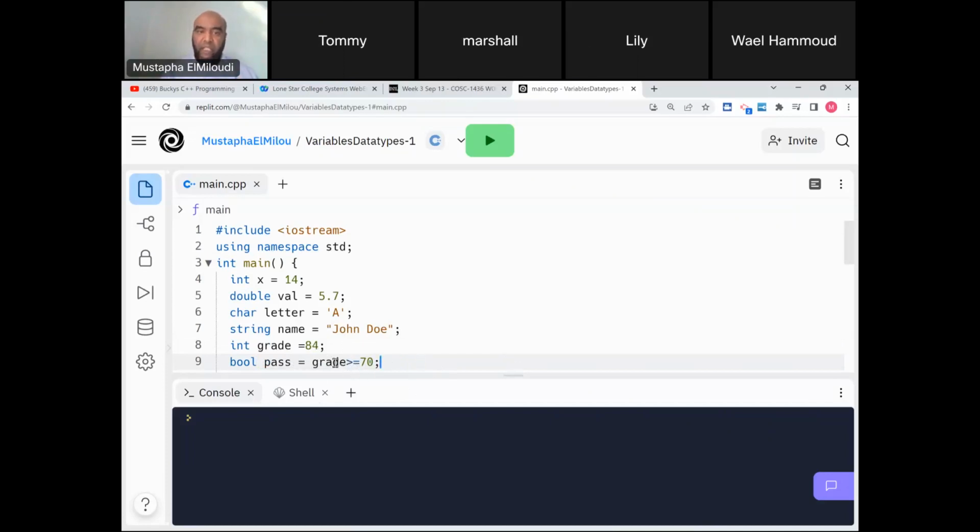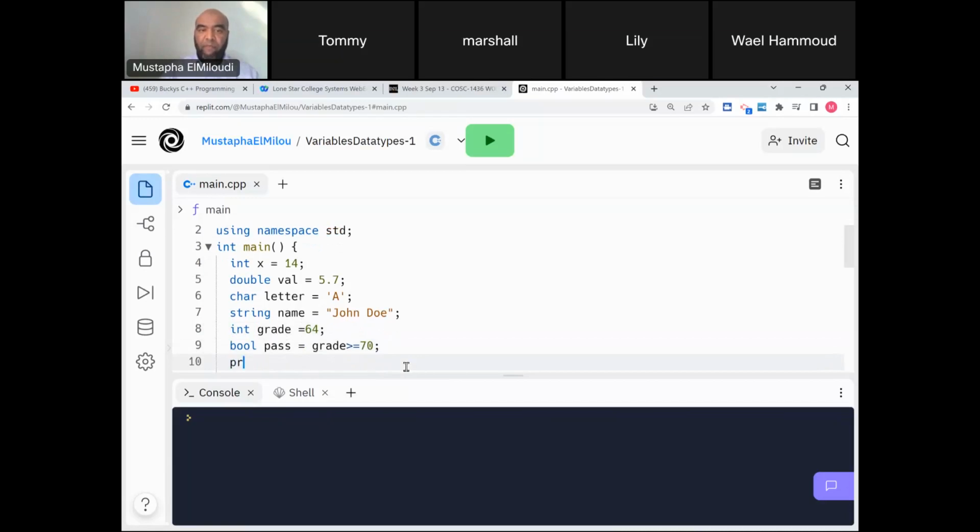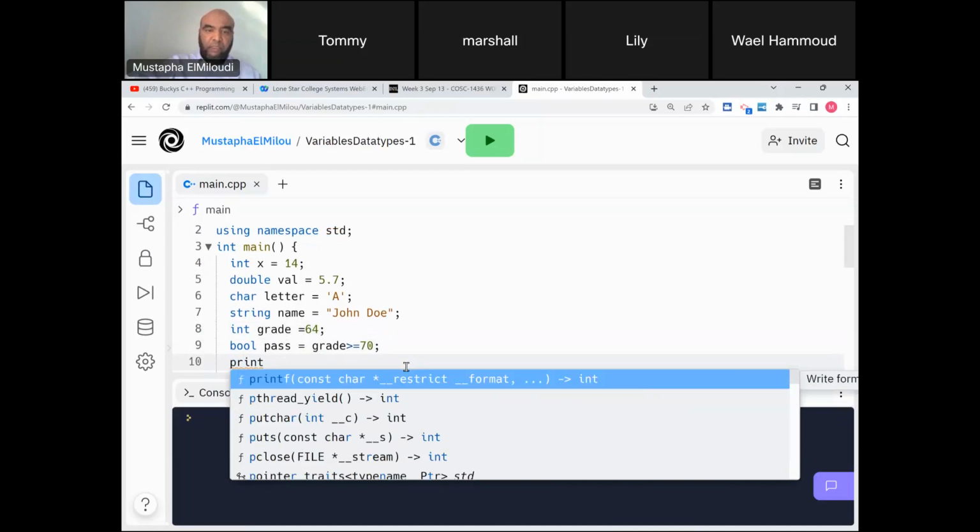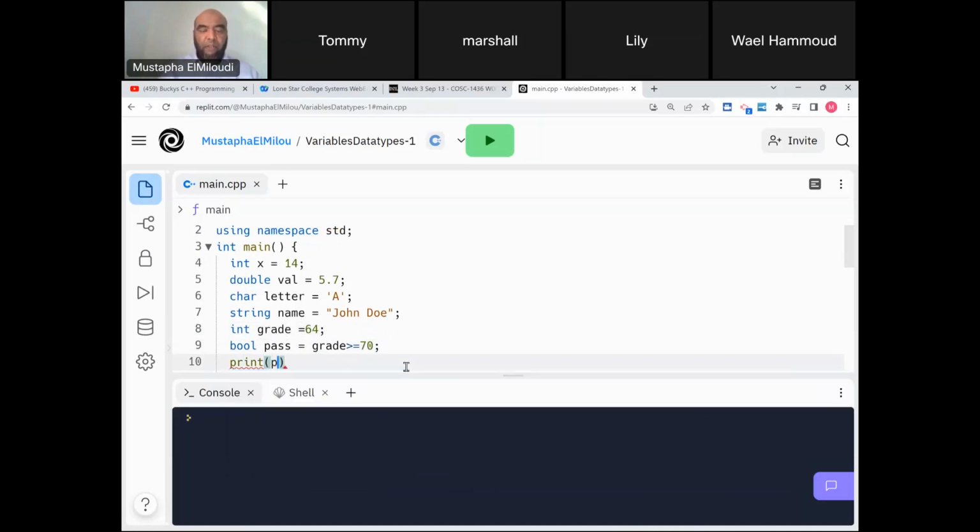Is the grade at least 70? If I put, for example, 6 here, then all of a sudden it's going to change to false. So if I print it, it's going to print false. So if I print pass, I'm sorry, I put cout.